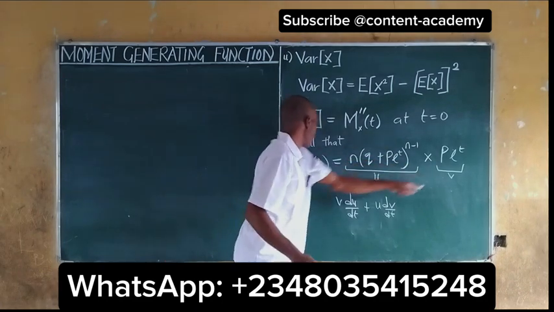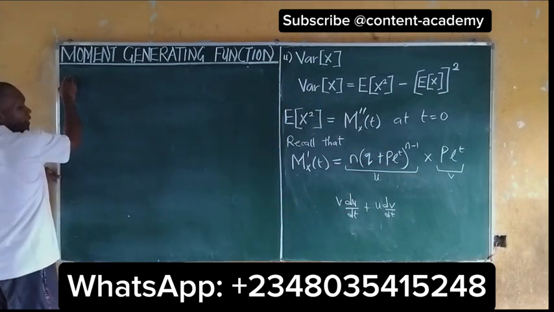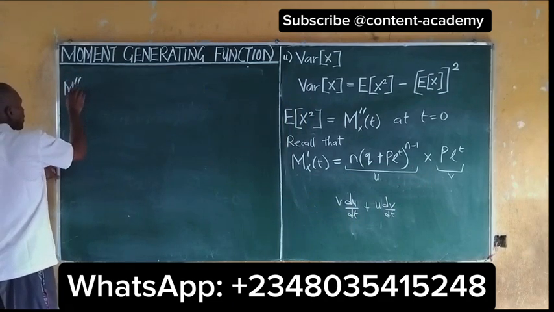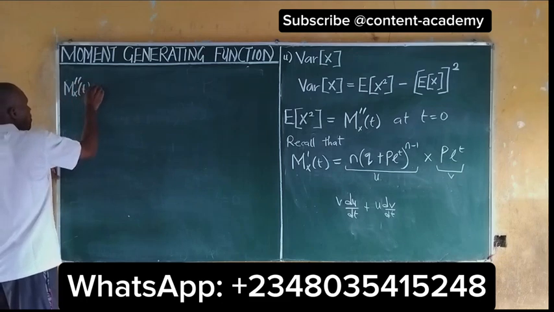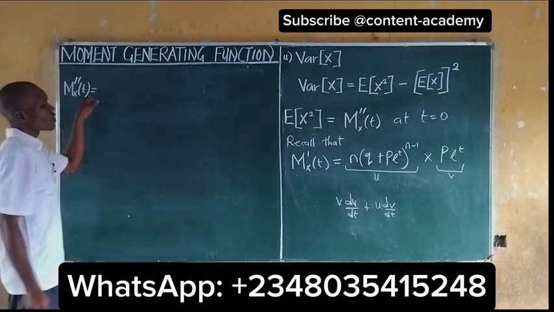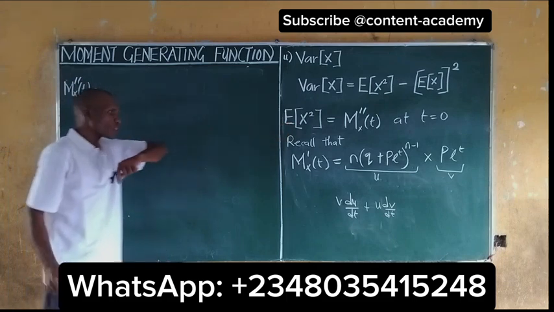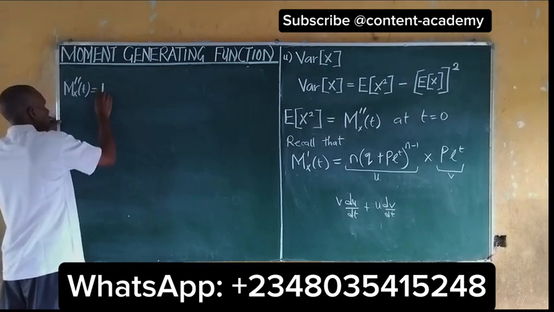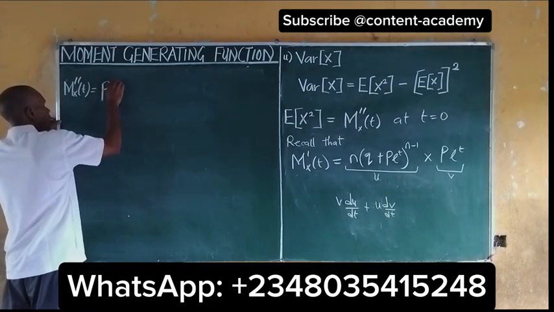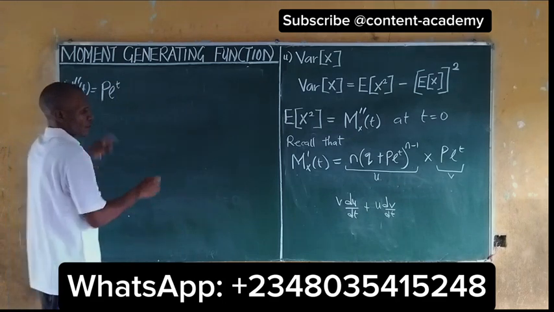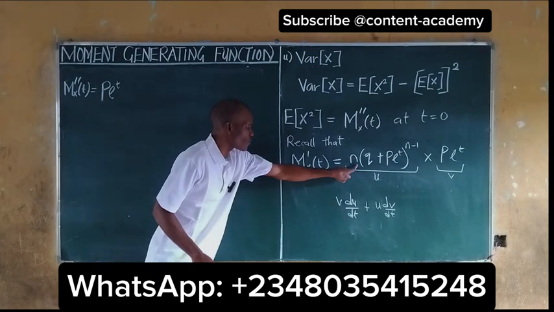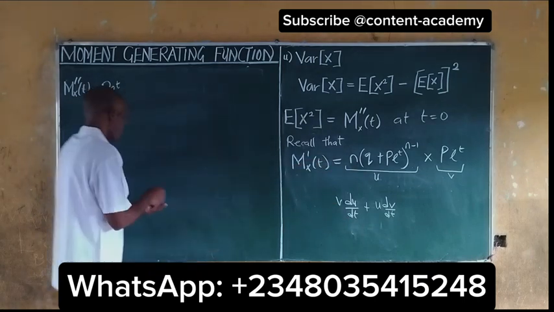It then means that the second derivative of our moment generating function, which is equal to the expectation of x squared, is, we keep down v, which is p e^t, multiplied by the derivative of u with respect to t.